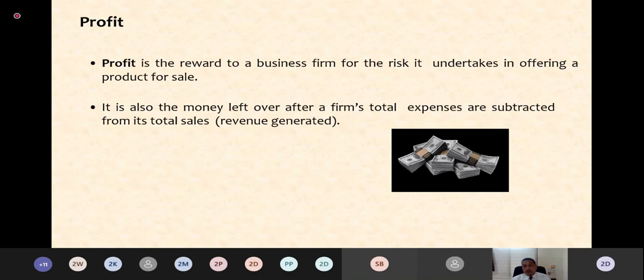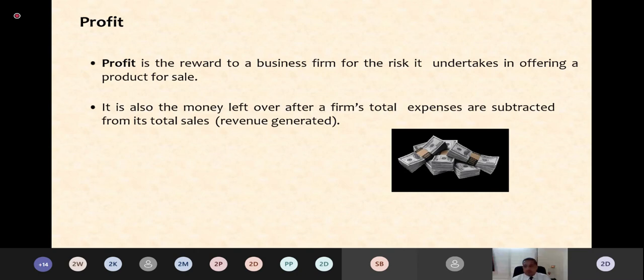This profit is a reward for the firm to take the risk. Whatever risk we are taking, it is a reward for taking the risk of offering a product for sale.